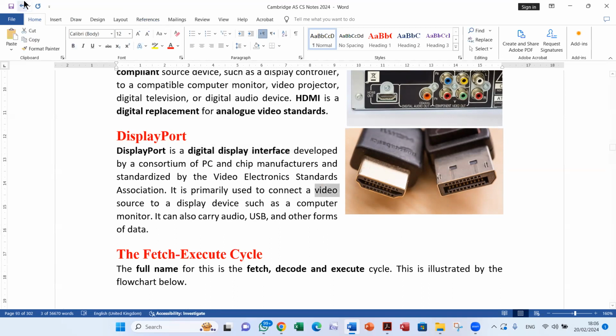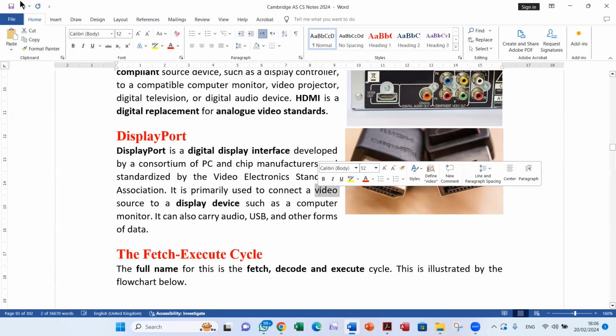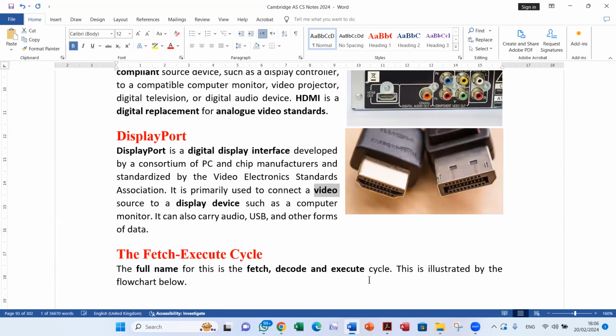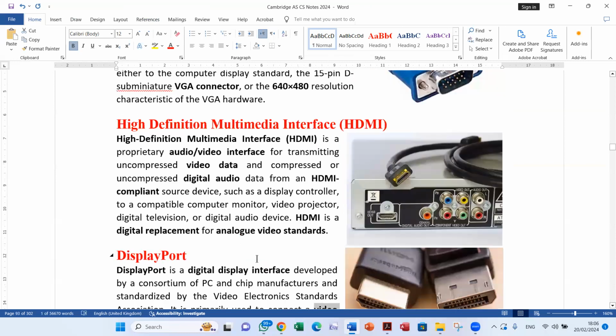It connects a video source to a display device, such as a computer monitor. It can also carry audio, USB, and other data. Okay, we will stop here. We cannot go further. However, there are many things to solve here.